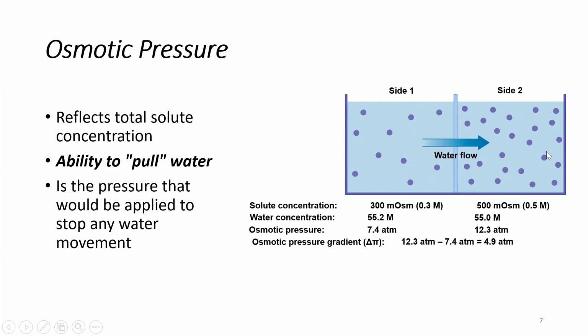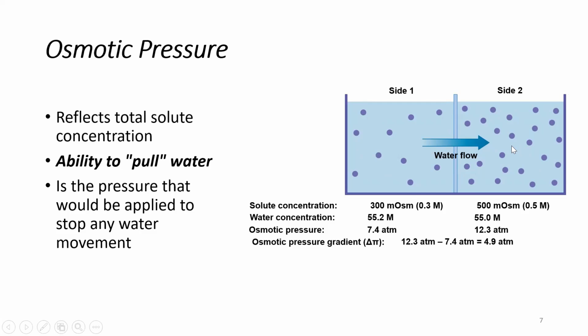Now we can also think about the pressure that would be exerted as a result of this flow of water. This is called the osmotic pressure, and that really is the pull of water from side one towards side two. We can think about the osmotic pressure as the pressure or the force, the ability to pull water to the side that water is moving toward because of its gradient.